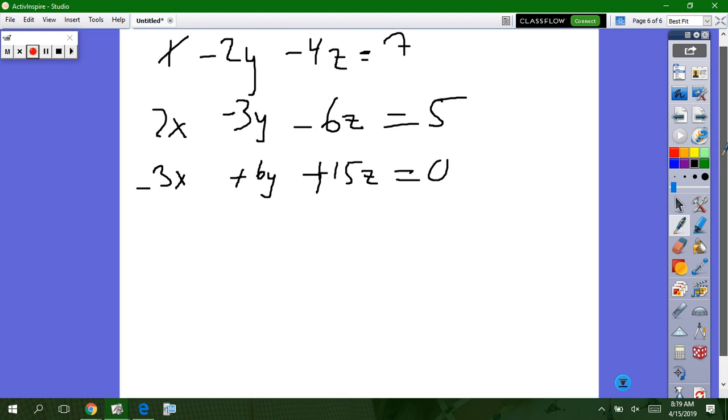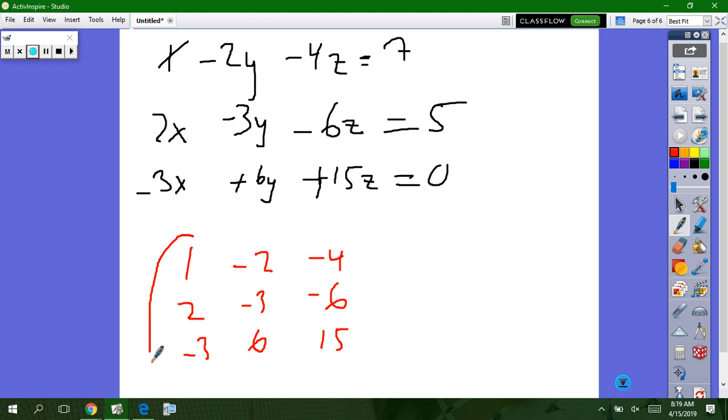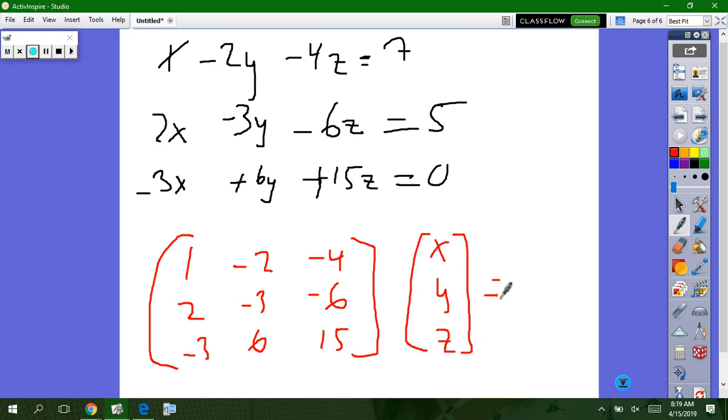Here's what I would have: 1, negative 2, negative 4; 2, negative 3, negative 6; negative 3, 6, 15; times X, Y, Z; equals 7, 5, 0.